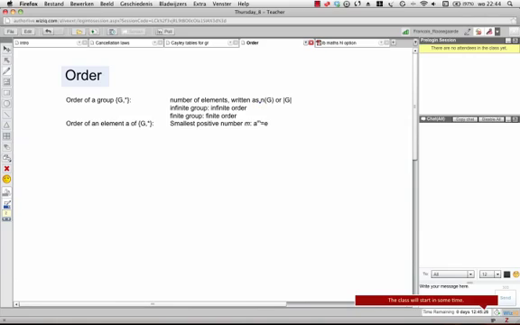This can be written as n(G) between brackets or G with these vertical lines. Obviously, if G has an infinite number of elements, the order is also infinite. And if it's a finite group, it is finite.